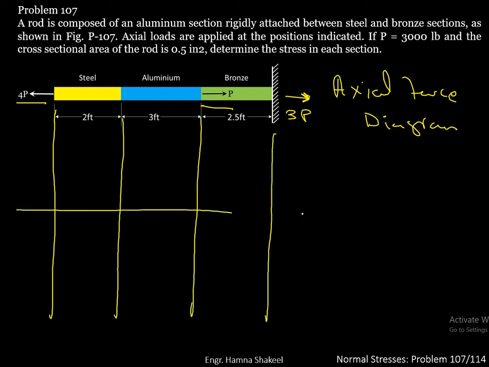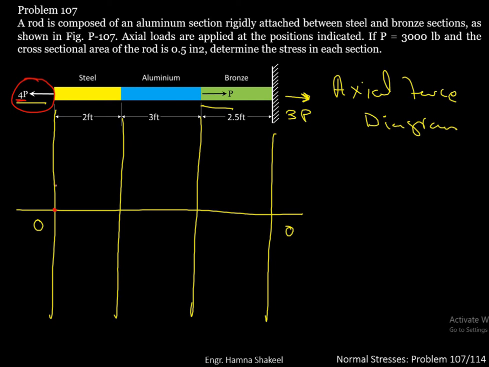This horizontal line represents the zero force line. Starting from the left side, you have got a force of 4p acting here, and it's a tensile force. So let's represent tensile force as positive force. So it's a force of 4p.